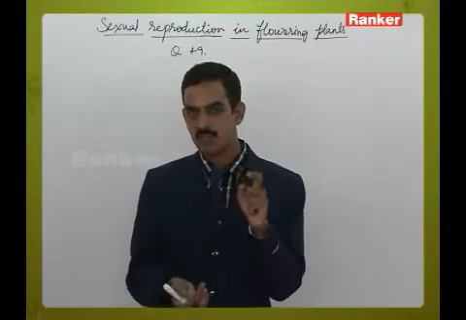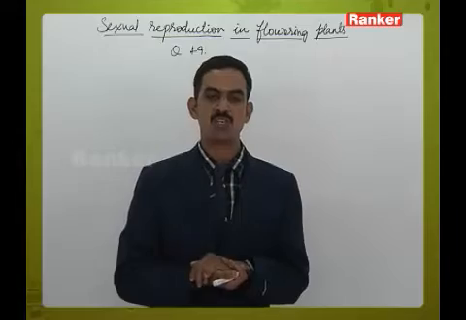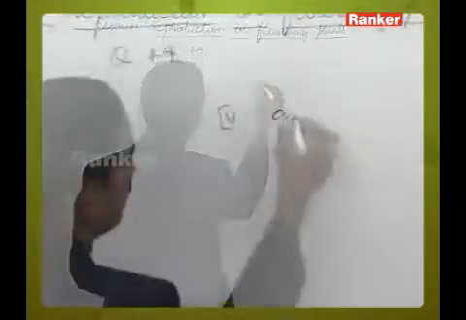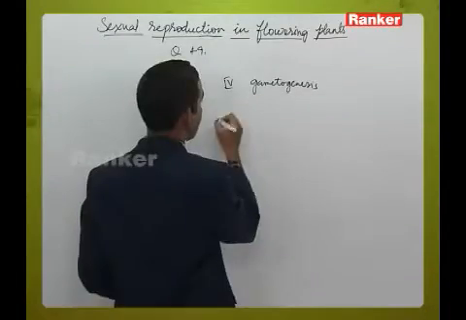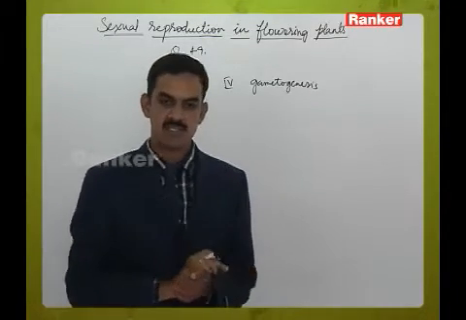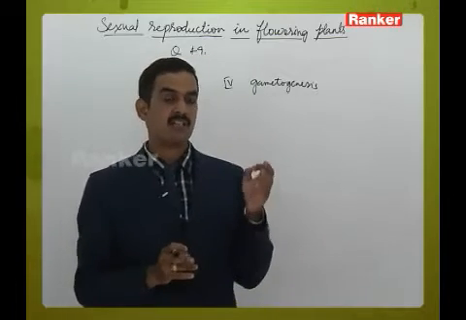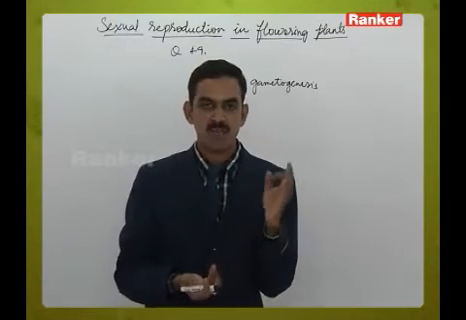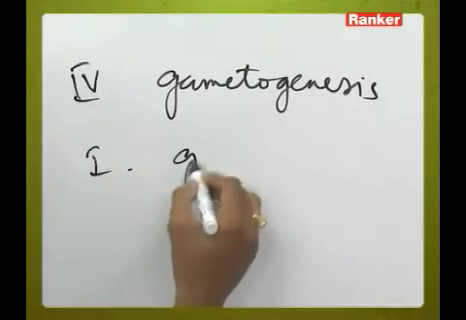Out of the given options, the first one is gametogenesis, that is the formation of the gametes. So first it is gametogenesis, formation of male gametes and female gametes. After the formation of the gametes, the transfer of male gametes to the female structures takes place, that is 1, gamete transfer.